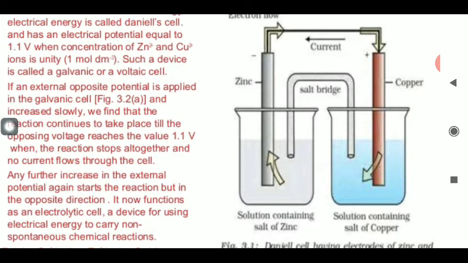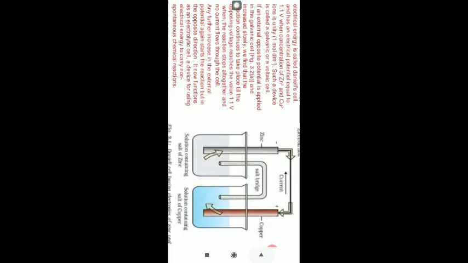This tendency can be measured in terms of the electrode potential, and this electrode potential is denoted by capital E. And how this electrode potential can be measured, and what is the basic simple application of this electrode potential, how you will calculate individually the electrode potential of both the beakers, both the half cells, and all these parts we will discuss in the next video.